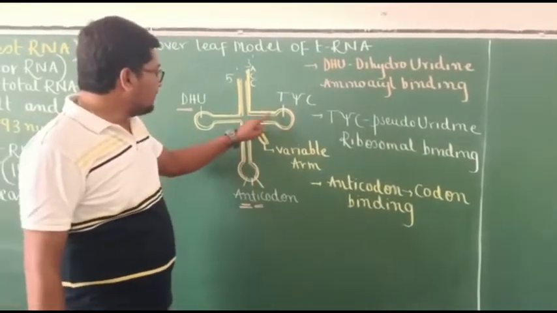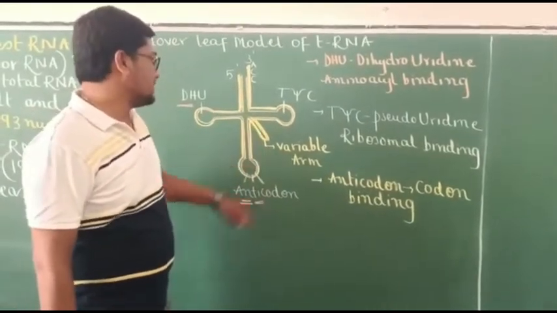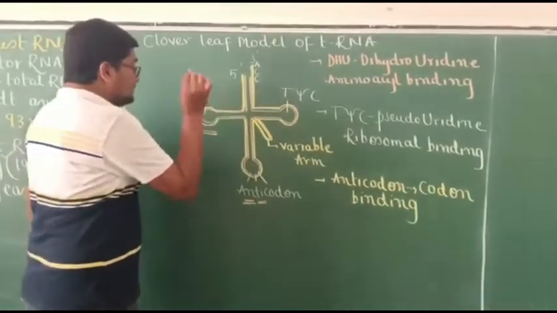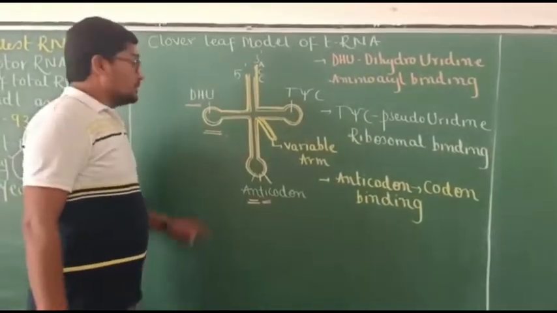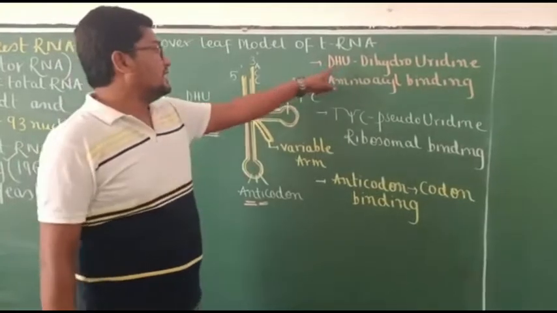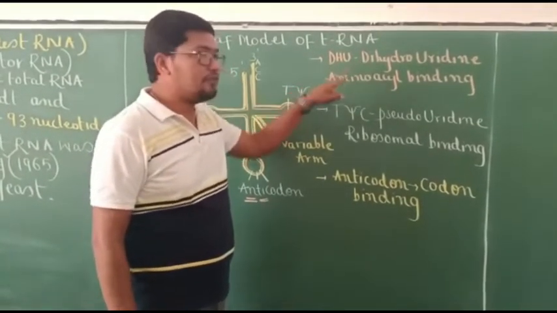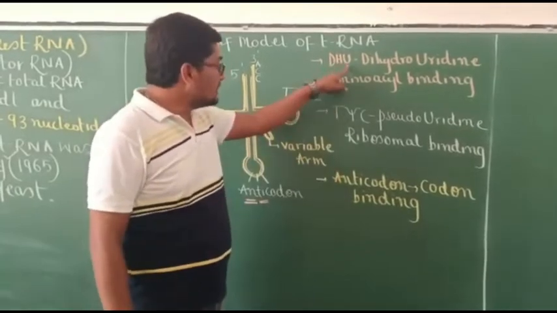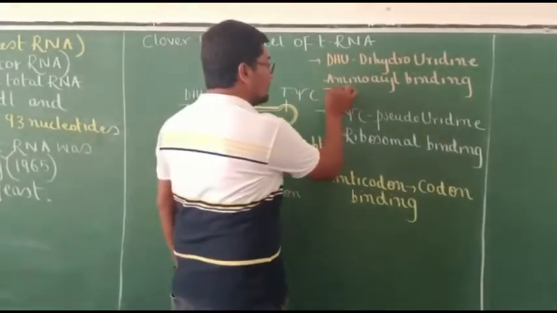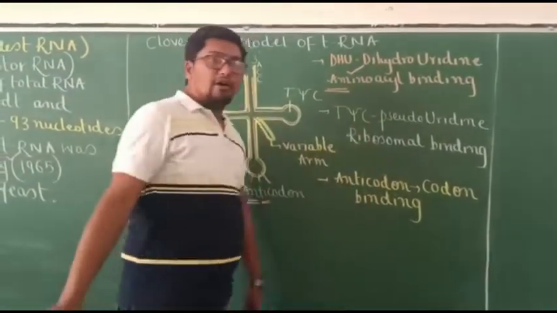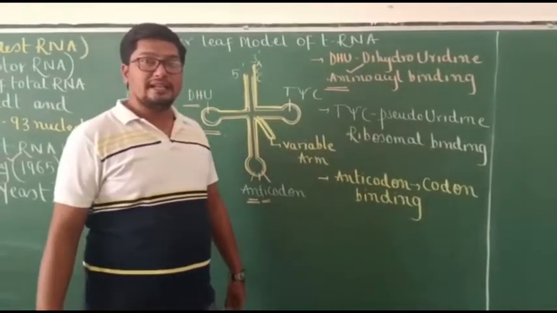Now, let us see the functions of the different arms present here. I said DHU, the first arm. DHU stands for what? Dihydrouridine. And what is the function of this arm if you ask me? This arm is responsible for the binding of amino acyl synthetase.